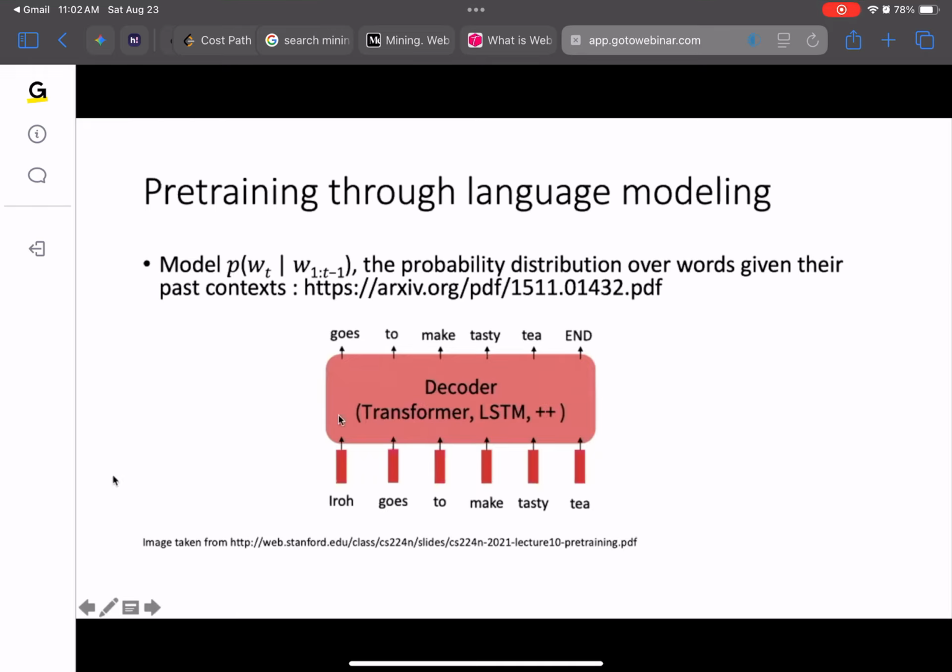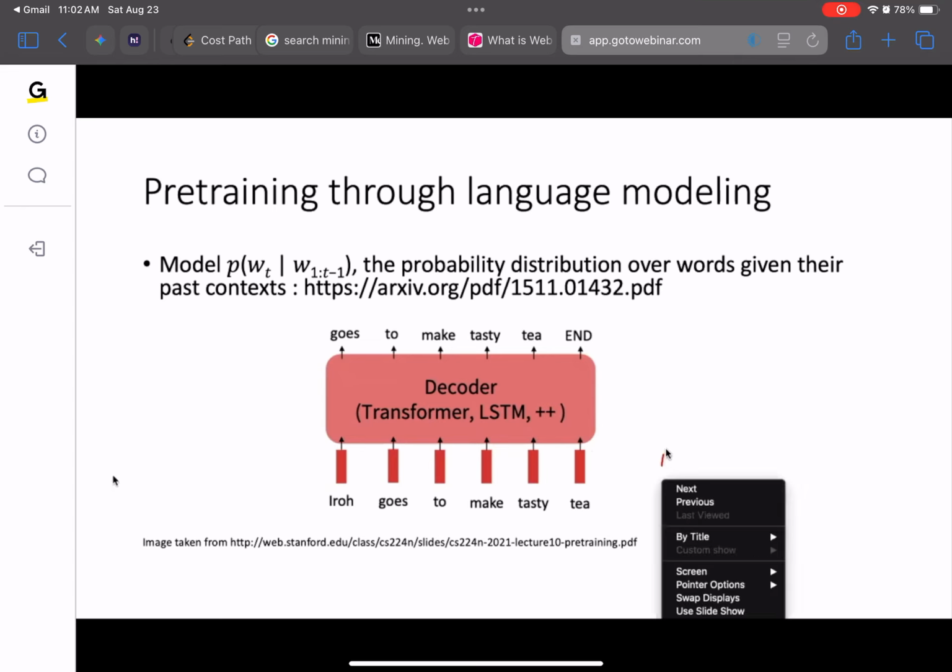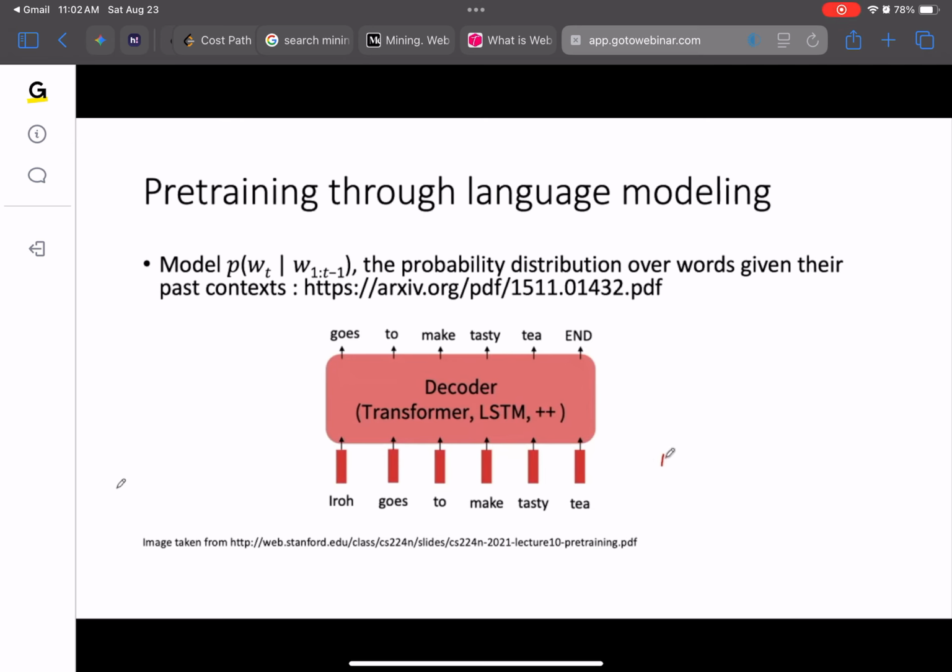Now let's move on to another concept. We try to understand how pre-training is conducted in various settings. Previously we have seen that the transformer model has an encoder part and a decoder. The output of the encoder is given to the decoder and it generates an output.